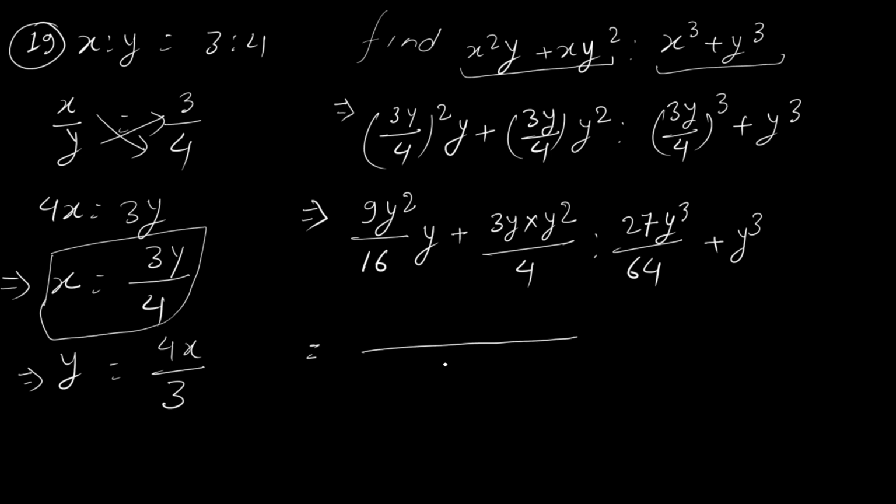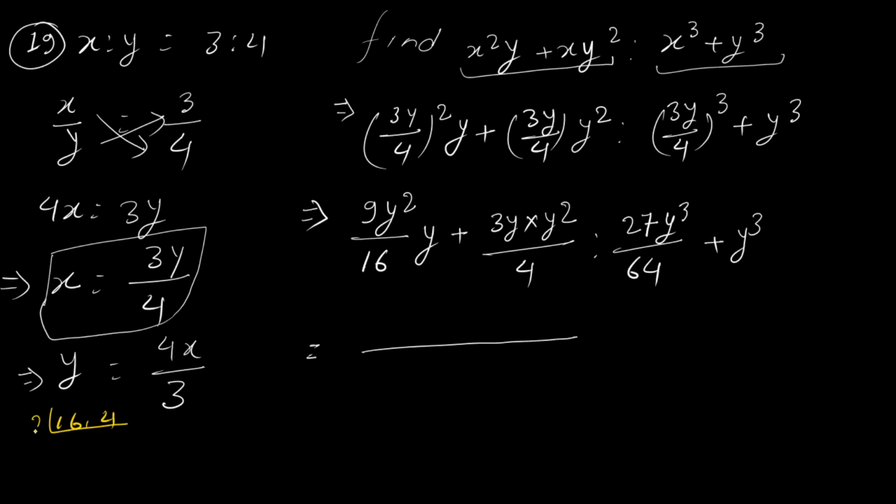How will you do it? I told you, in this case you have to take the LCM for the new denominator. How will you do the LCM of the denominators? I'll show you, don't worry. Here you have 16 and 4.